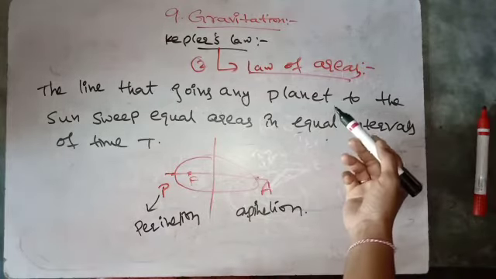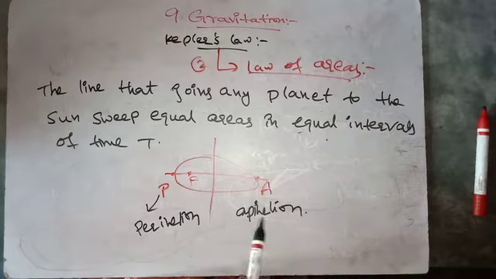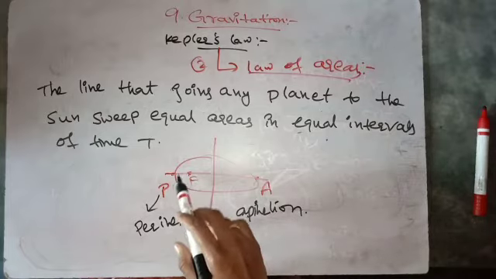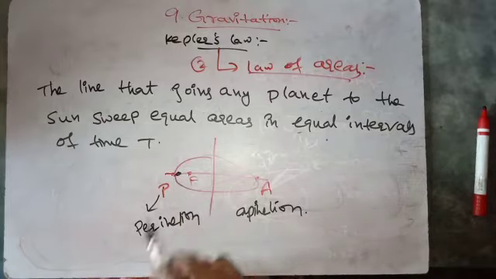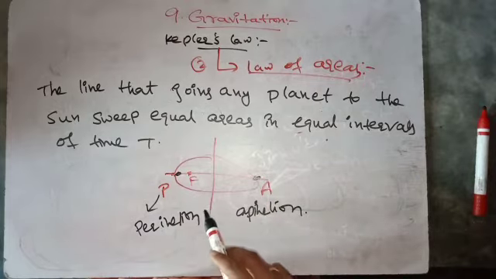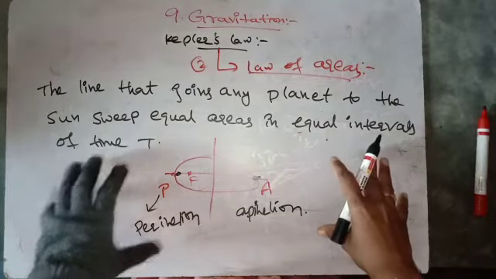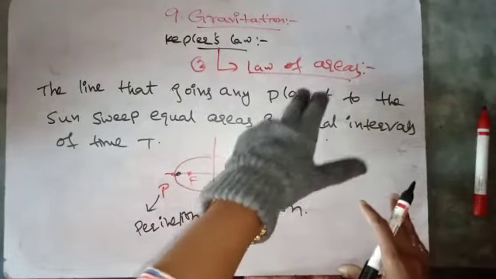So from this statement you can say that the planets move faster at perihelion and slower at aphelion. This is about the law of areas.